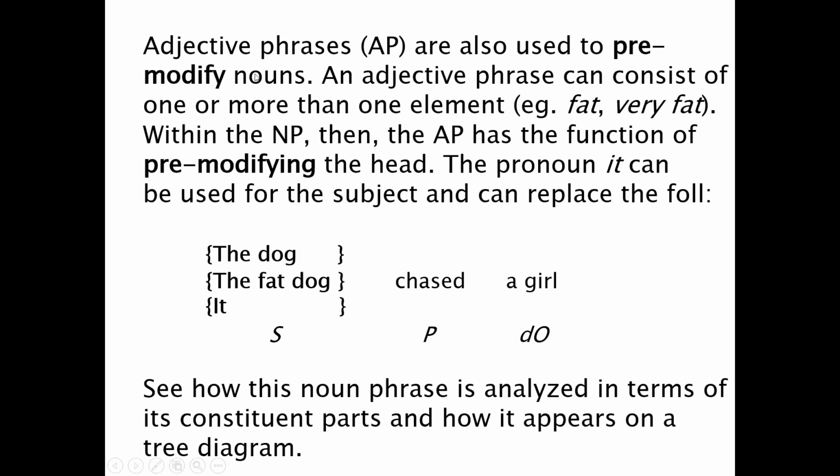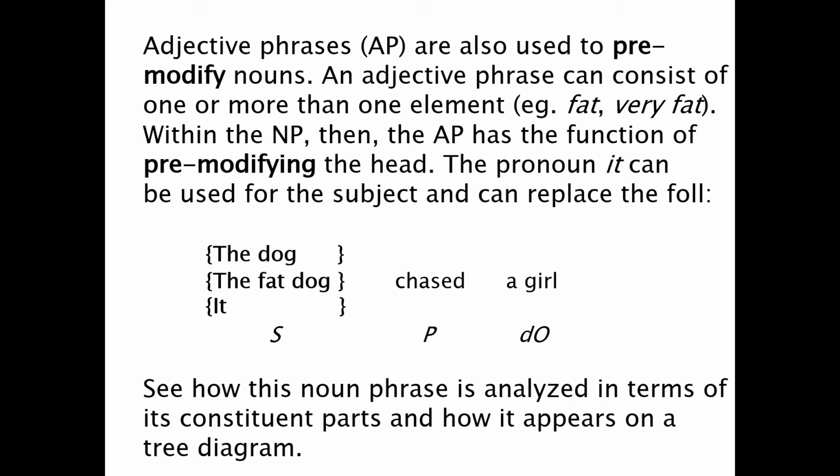Now, adjective phrases are also used to pre-modify nouns. An adjective phrase can consist of one or more than one element. For example, fat, very fat, quite fat, fat enough. So these can appear within the noun phrase.